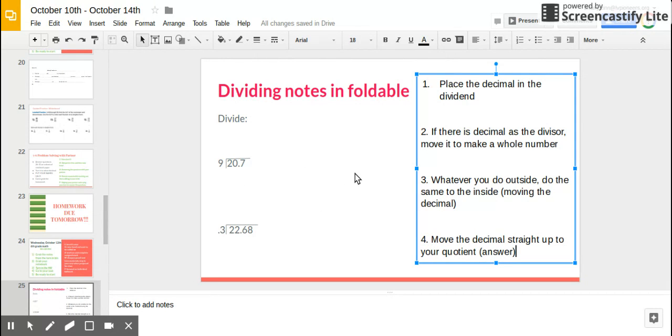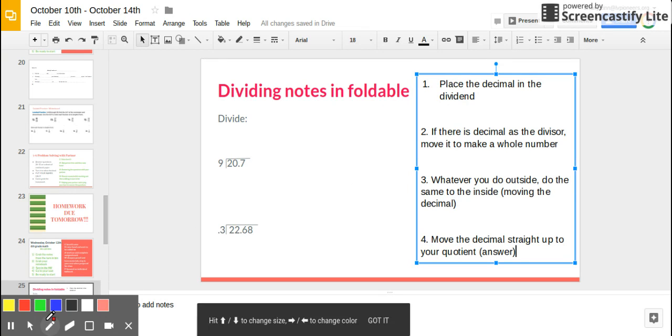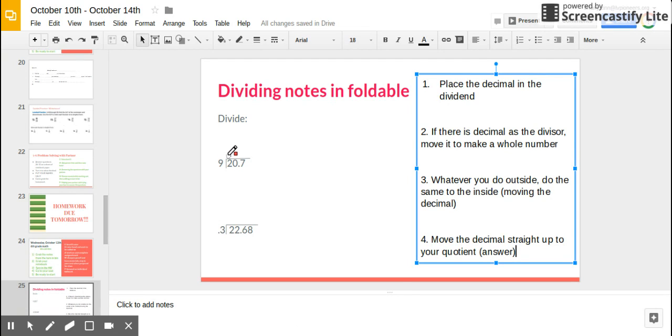So 9 going into 20.7. 9 does not go into 2. This is literally the same thing we did yesterday. Try it on your own if you want to. If you're still stuck, then pay attention. 9 doesn't go into 2, but it can go into 20, not evenly. If you multiply 9 by 2, you get 18.